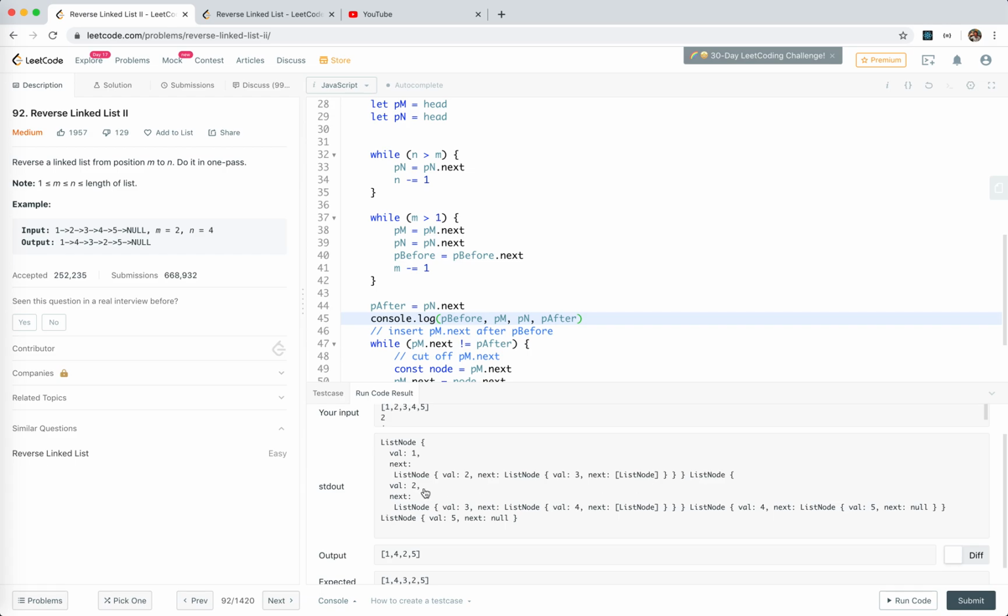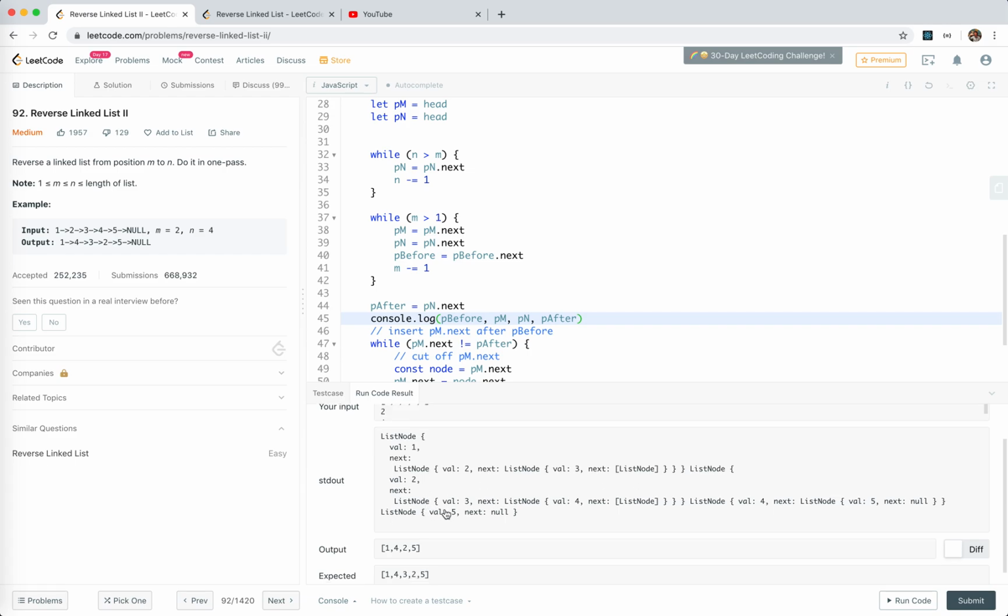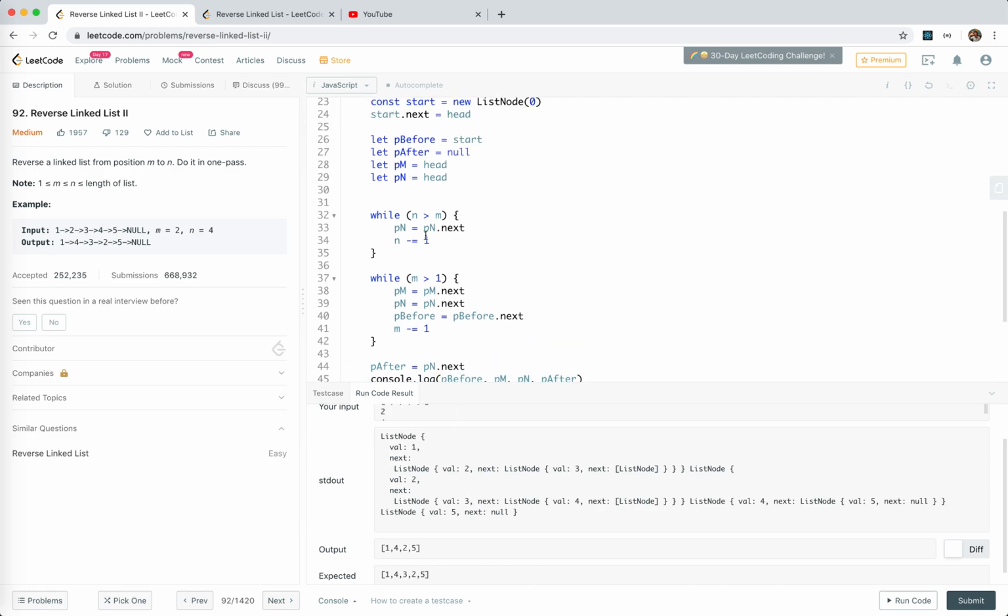PM is 2. PN is 3. Something is wrong. P is not P3. Okay, because 4 is bigger than 2, so we move PN to 2. Now it becomes 3, right? Oh, my bad.